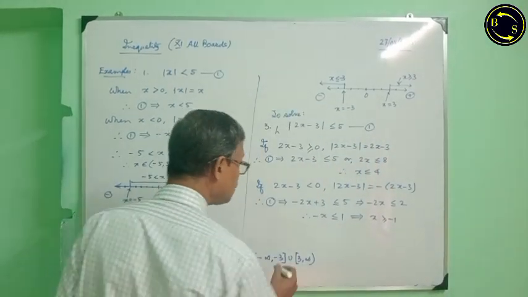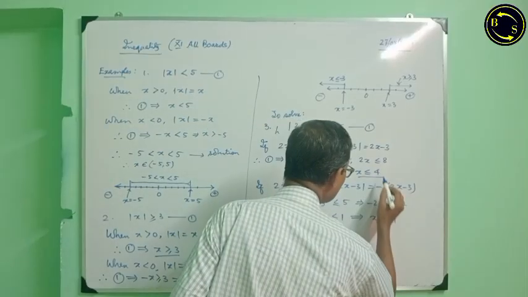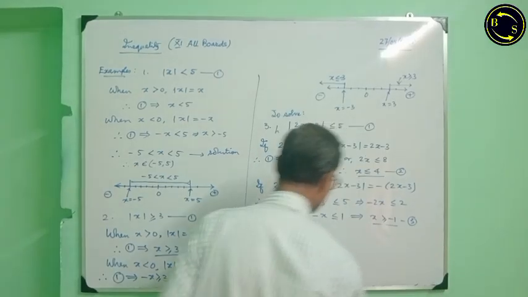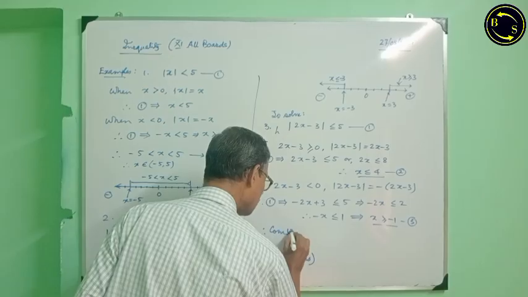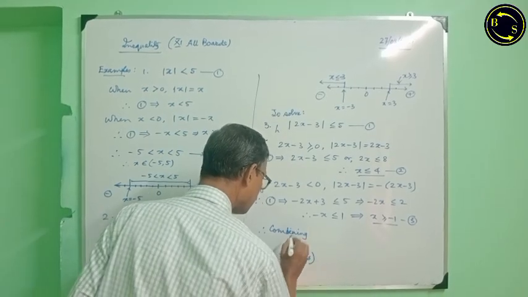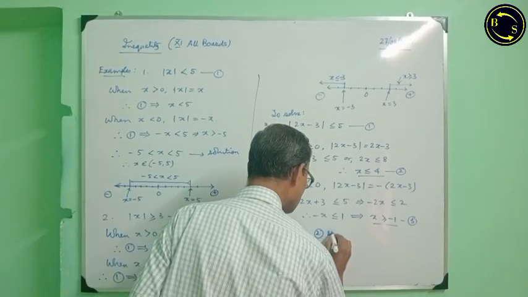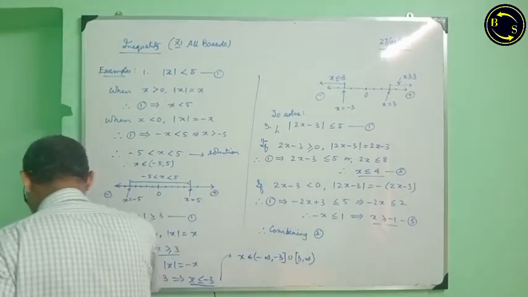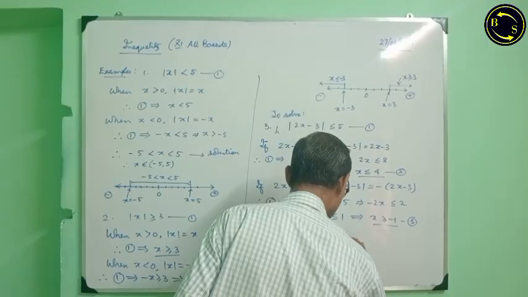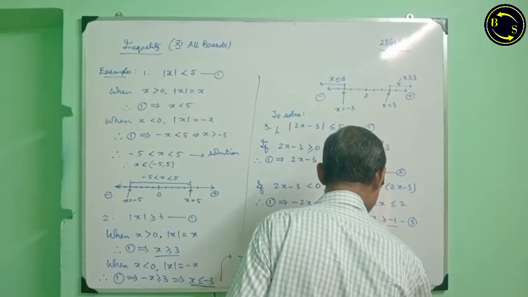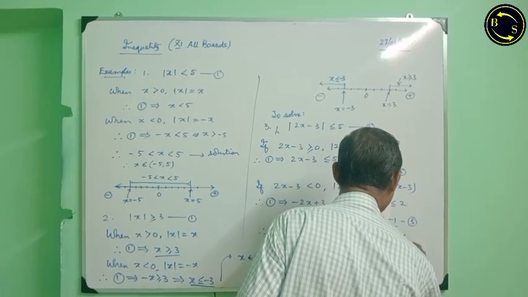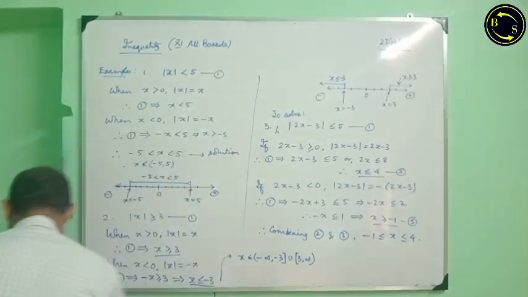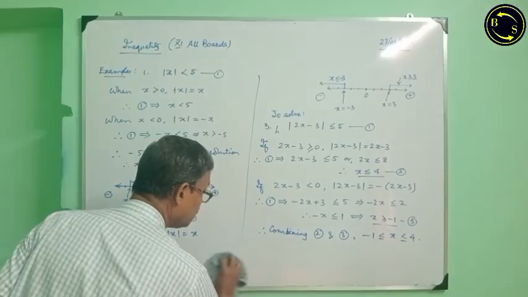Thus we get finally, if we combine these two, calling it 2 and this is 3, combining 2 and 3, minus 1, or we can write that in interval form.